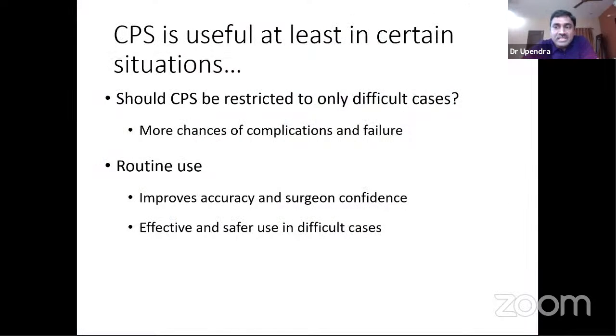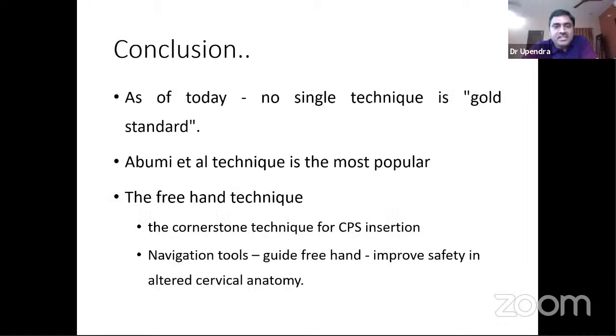So obviously it has been useful at least in certain situations, but should we restrict its use only to difficult situations? Mind you, when we use a difficult technique in a difficult situation, the failure chance is probably more. So what we always intend is to use it in a routine fashion. This improves our accuracy and also brings us more confidence in difficult cases where it can be used more effectively and in a safer way.